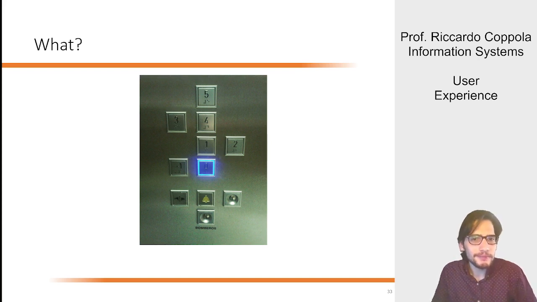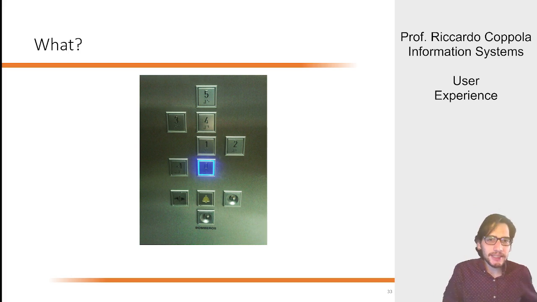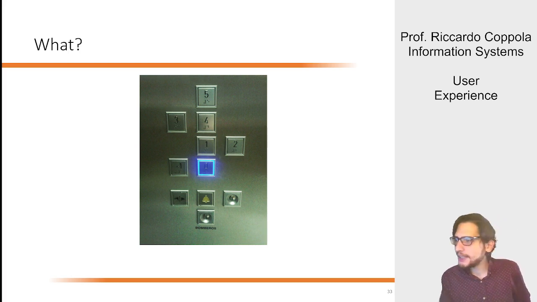So it is necessary to understand the goals of the user, but also to provide a design of the user interface which makes sense. In this case, at least I don't know any specific reason for putting the numbers in this position. So maybe there was some reason for that.